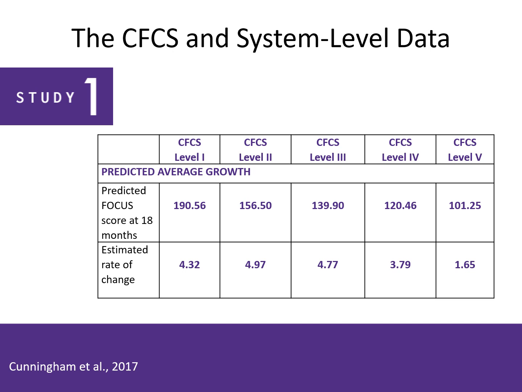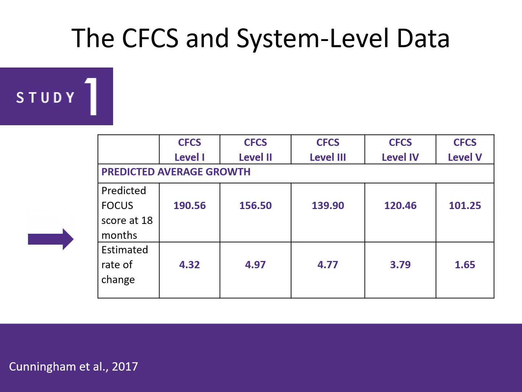This table shows the coefficients from our statistical analyses. The first row shows predicted FOCUS scores for children at 18 months of age. As you can see, the predicted score was highest for children in CFCS level 1, those who function best, and lowest for children in CFCS level 5, those who function least well.